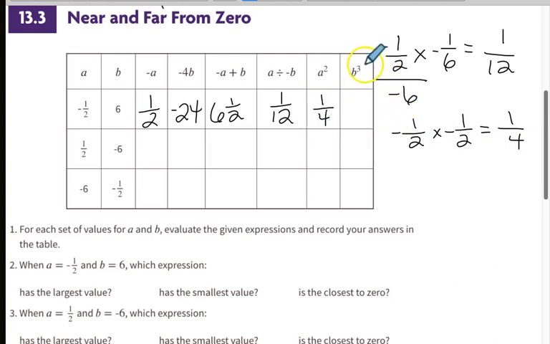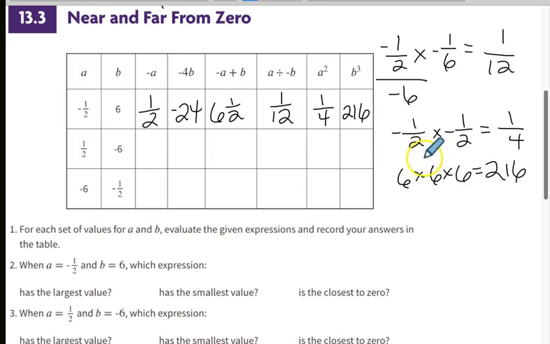And then B cubed. Instead of a 3 exponent, that just means you could also say cubed. That means we're going to take that number, write it 3 times, and multiply them. 6 times 6 is 36, and 36 times 6 is 216. And it was a positive, so positive 216.